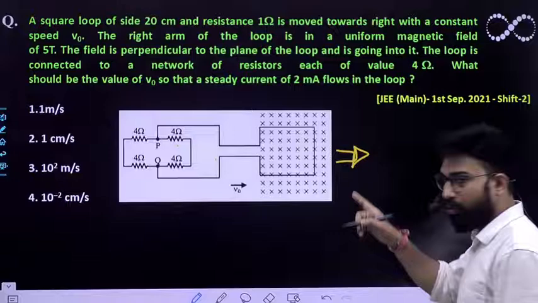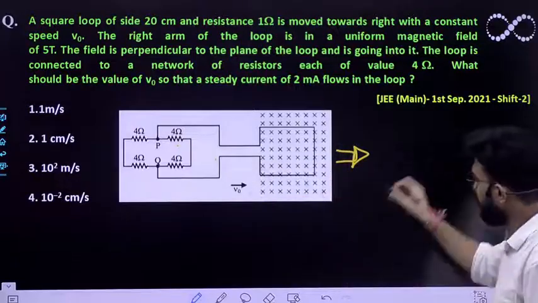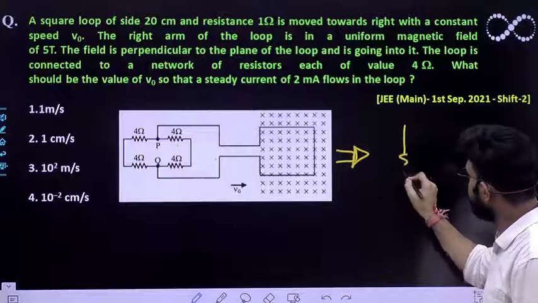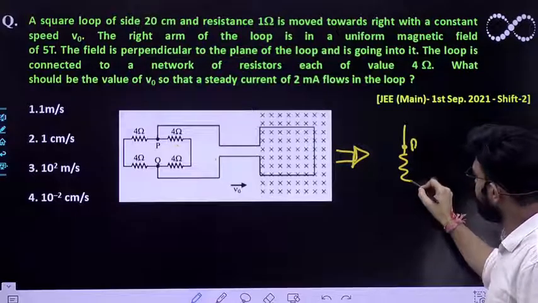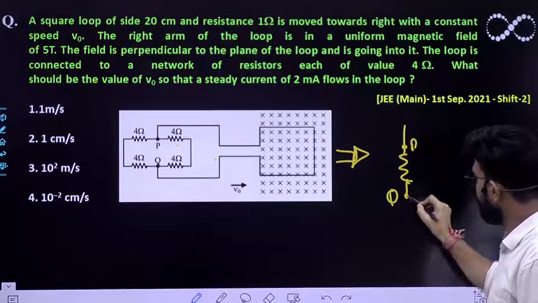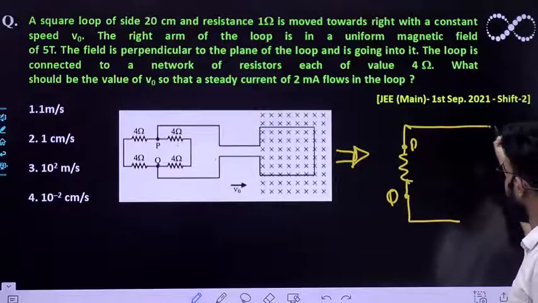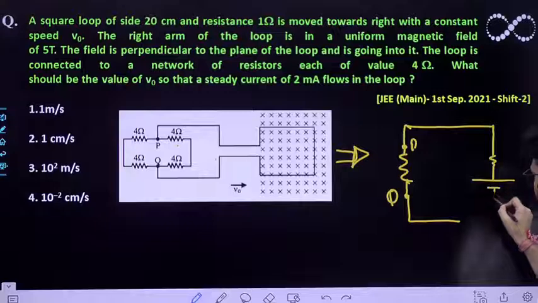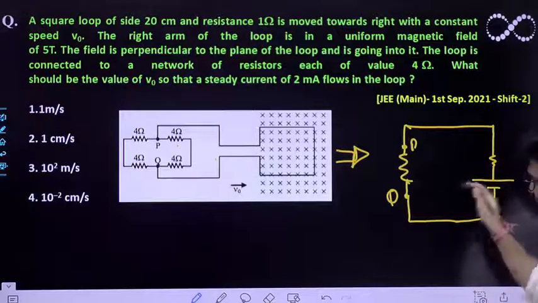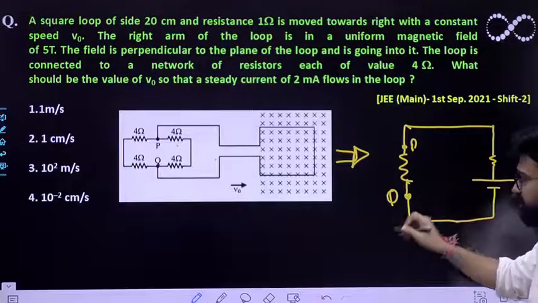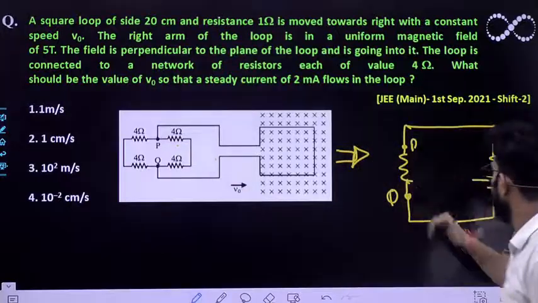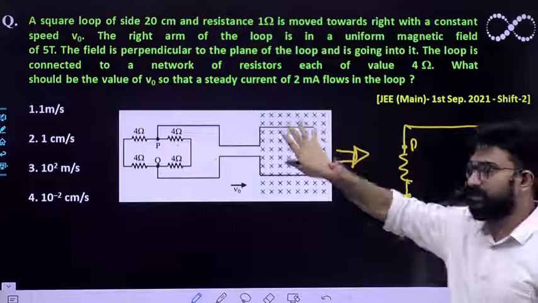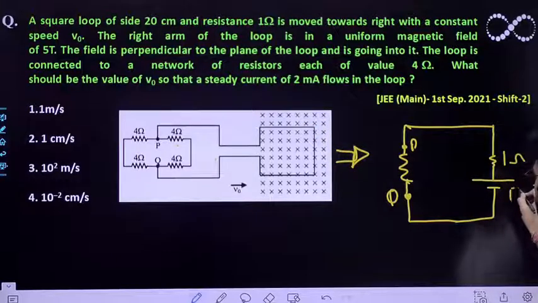So this whole circuit would be like this. This is P and this is Q, with a resistance of 1 ohm. This loop has got a resistance of 1 ohm, and its induced EMF is E.